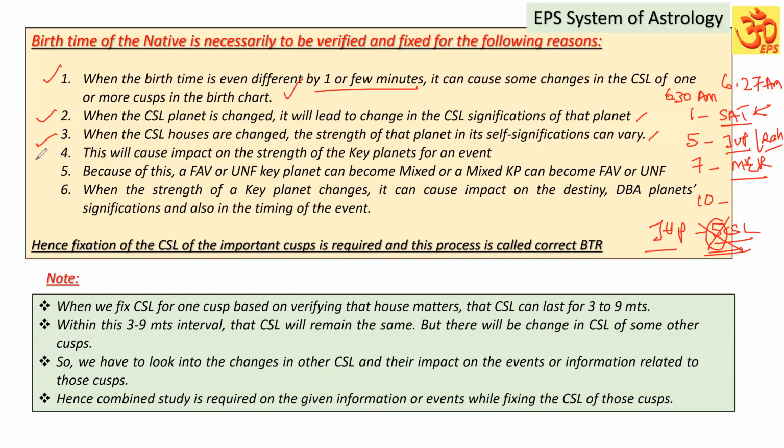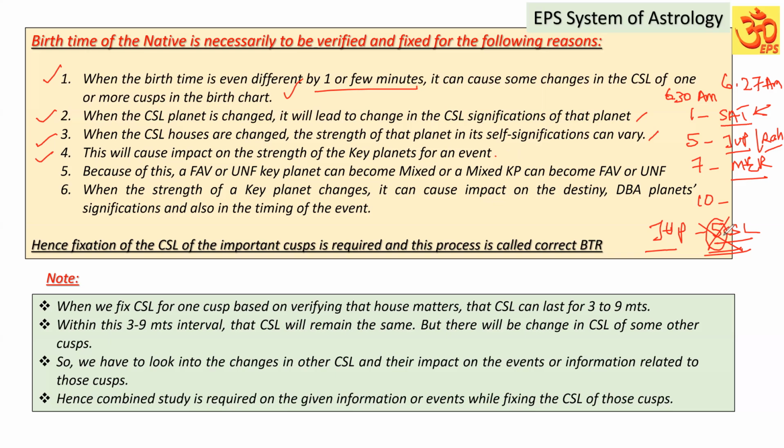So what will happen on account of that? This will cause impact on the strength of the key planets for an event. So Jupiter can be a strong favorable key planet for the event of progeny because of the fifth cuspal sublord and also having some self-signification strength. When it is losing its strength, the key planet strength will get reduced.